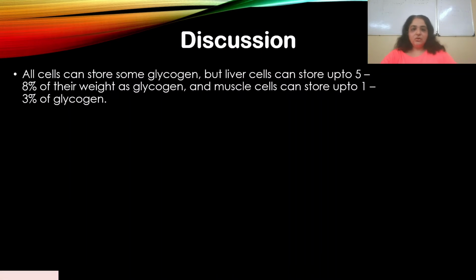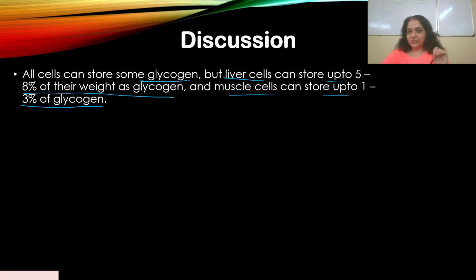You can see here all cells can store some glycogen, but liver cells can store up to 5 to 8% of their weight as glycogen, and muscle cells can store up to 1 to 3% of glycogen. It doesn't mean that none of the other cells can store glycogen.